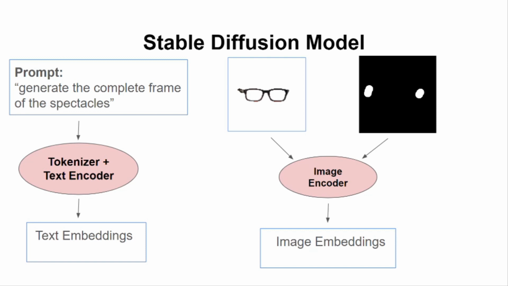So here the prompt goes to the tokenizer, where it tokenizes the words of the prompt, and then the tokens go to the text encoder, where they get converted to text embeddings, and the image and the mask go to the image encoder, where they are converted to image embeddings, and both of these embeddings are stored in latent space.